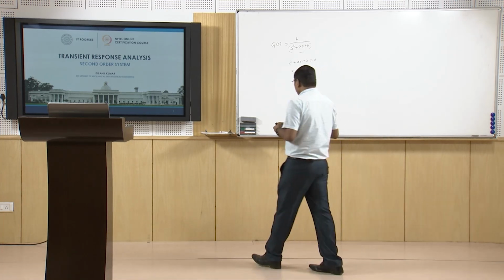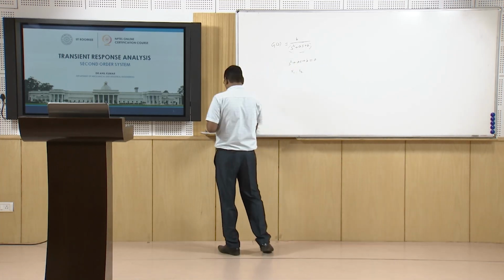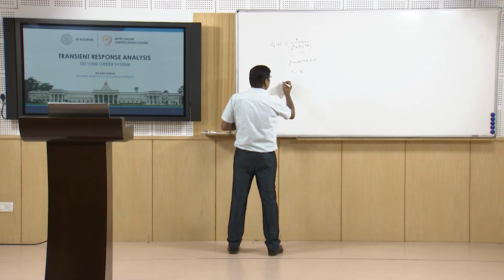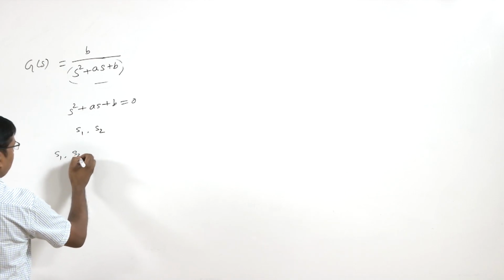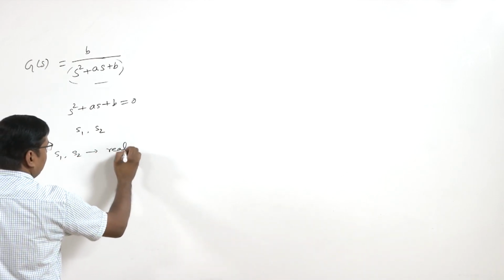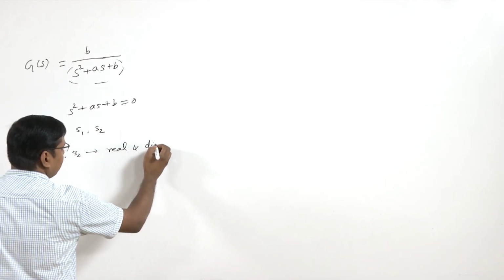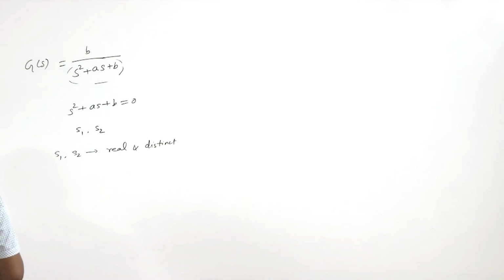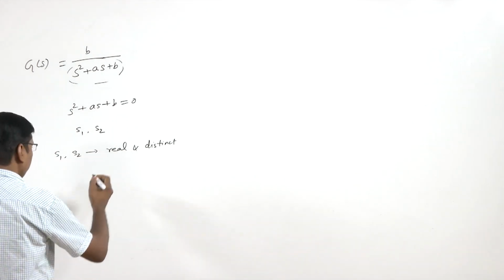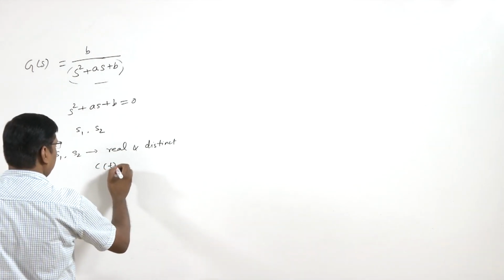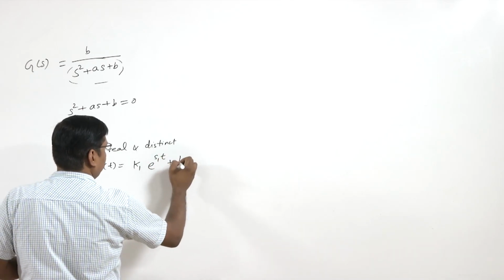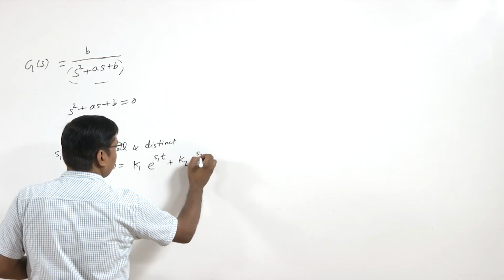So if these two poles s1, s2 are real and distinct, we will have the response c(t) equal to k1 e^(s1 t) plus k2 e^(s2 t).